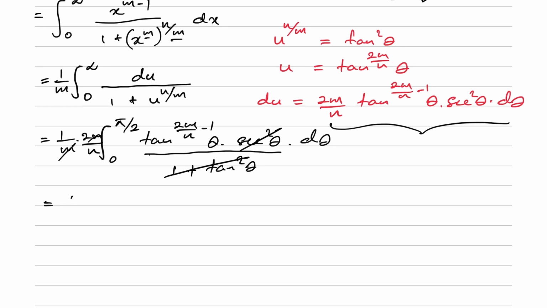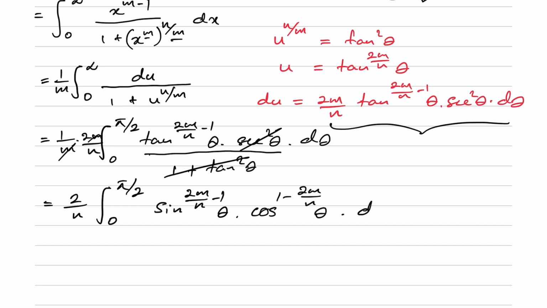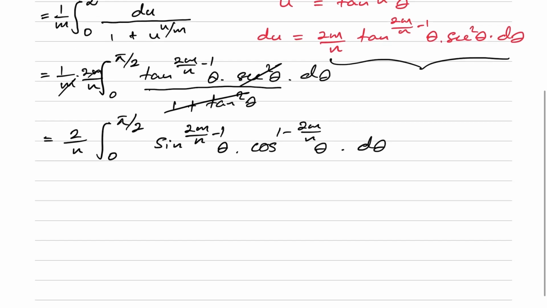So we have 2 over n, integral from 0 to π/2. Now tan^(2m/n − 1), we can write using sine and cosine. So we have sin^(2m/n − 1) θ times cos^(1 − 2m/n) θ dθ. Now this is a very famous format, because this is just the beta function.